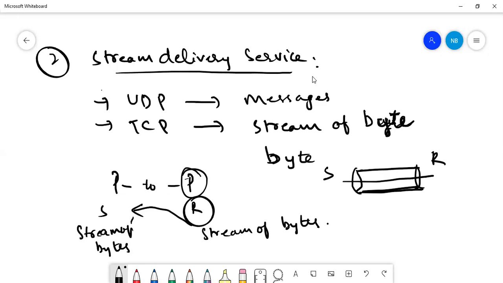It is an imaginary structure between the sender and receiver while we are using TCP with the stream delivery service. It is not physically available.